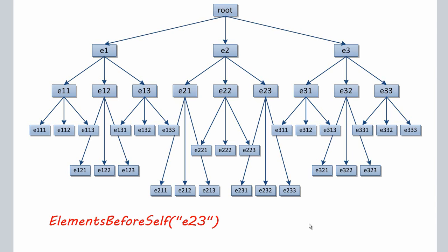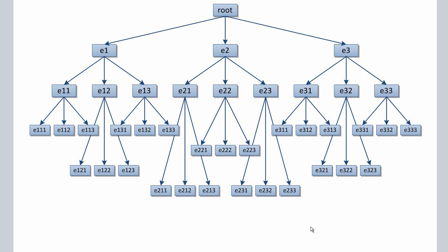It'll go elements before self and it won't have any. Then the second one will find the first one. And then the third one, it'll find the first and second one. And then the fourth one, it'll find the first, second, and third. It's actually an operation of O of n squared. If you have 1,000 elements in there, it will take on the order of 500,000 operations to find the previous element for all of those elements.